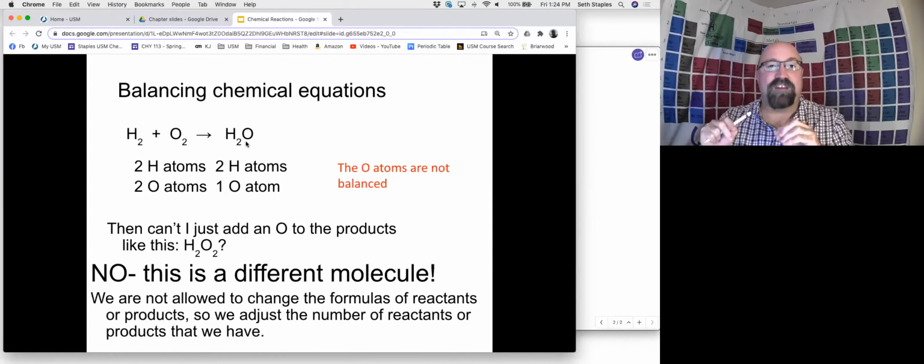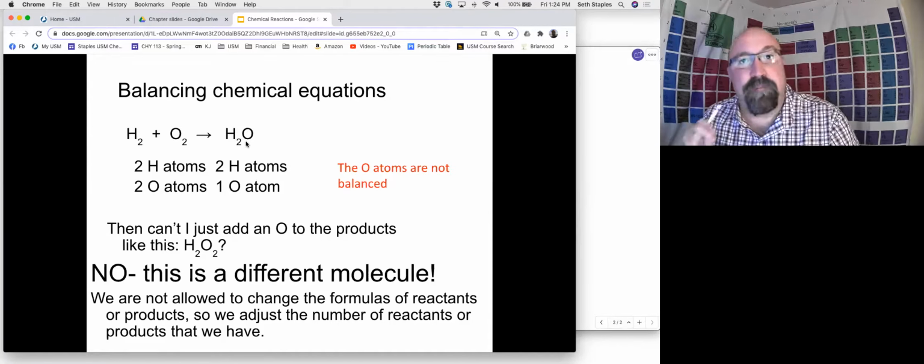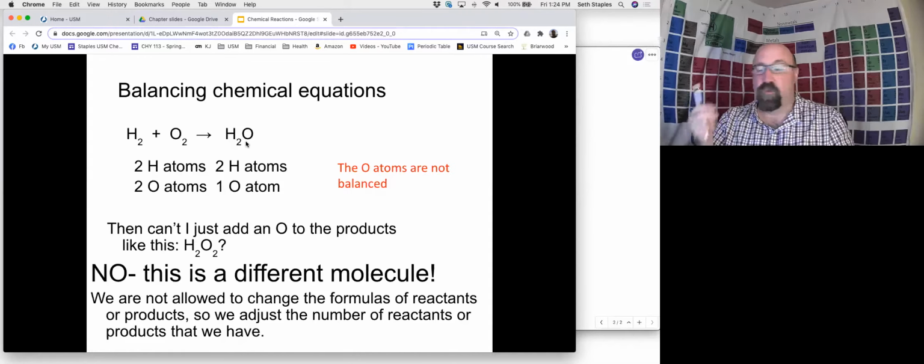We cannot simply change our subscript because that changes the molecule in question. So we cannot simply add a 2. Incidentally, does anyone know what H2O2 is? Hydrogen peroxide. So again, a very different molecule. And so we cannot simply change the subscripts.